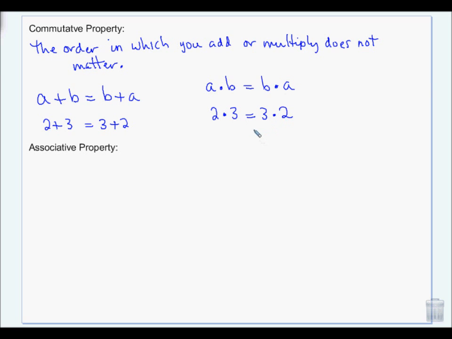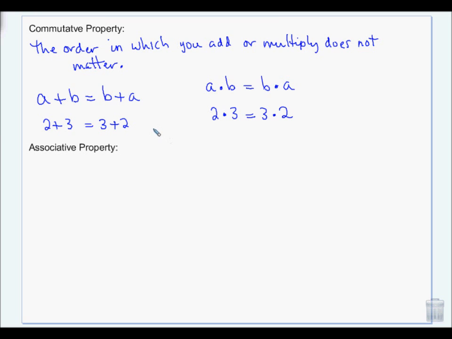The reason it won't work for subtraction is because 2 minus 3 is not the same thing as 3 minus 2, or 2 divided by 3 is not the same thing as 3 divided by 2. So it only works for addition or multiplication, and all it means is I changed the order. That's all the commutative property does.